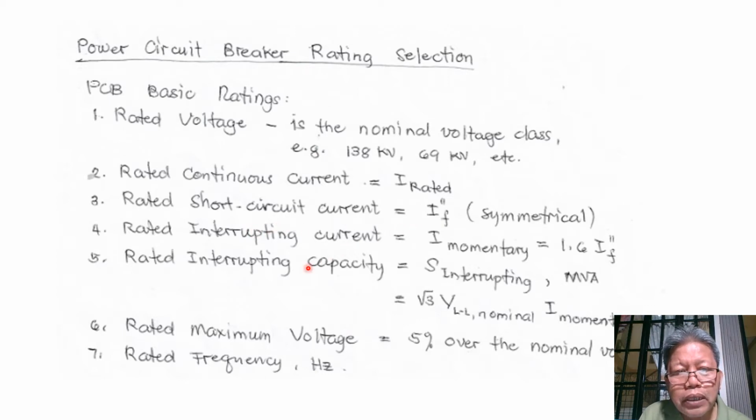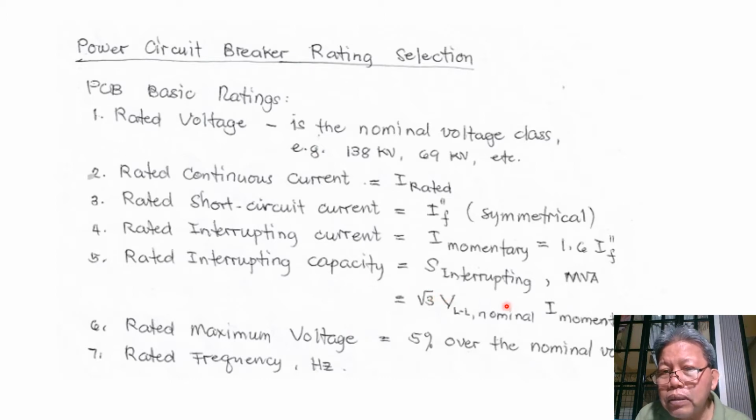Then another important rating is the rated interrupting current of our power circuit breaker, which sometimes is called the momentary current rating of our circuit breaker. And this rated interrupting current is just equal to 1.6 times the sub-transient fault current, IF double prime. Now this 0.6, or 60%, of the sub-transient current will take care of the DC component of the short circuit current, which is decaying.